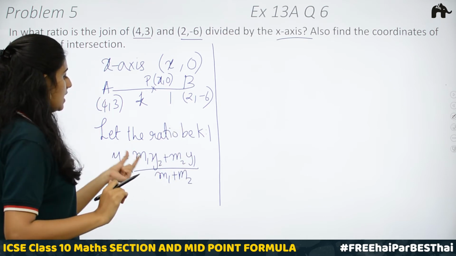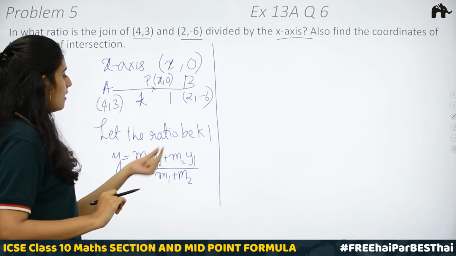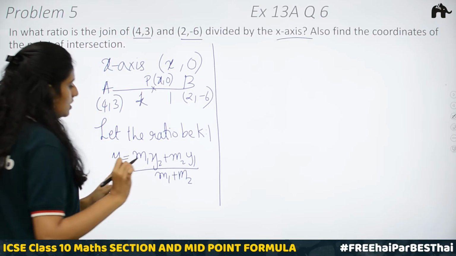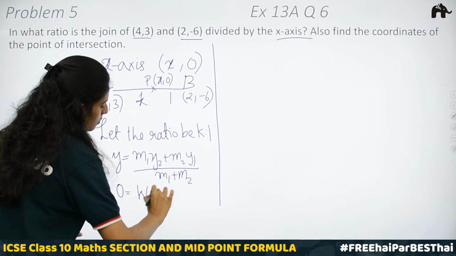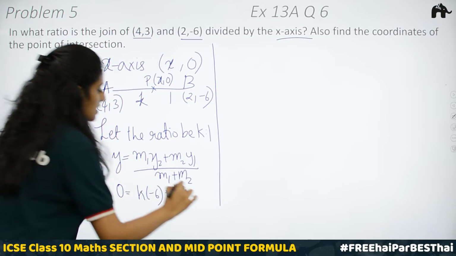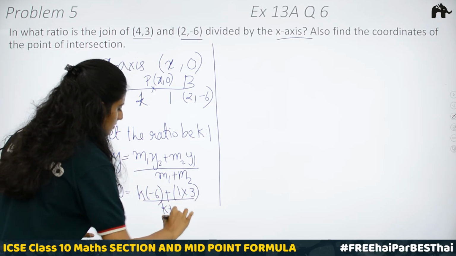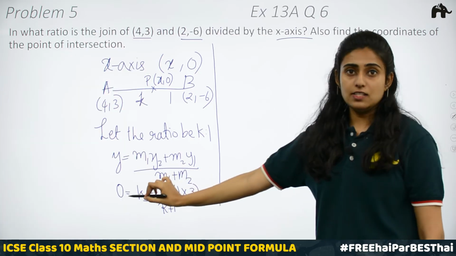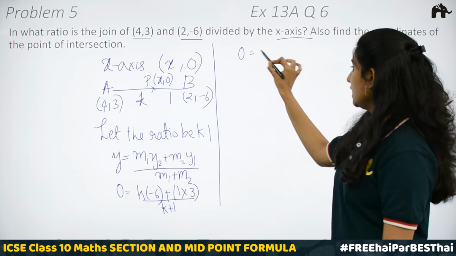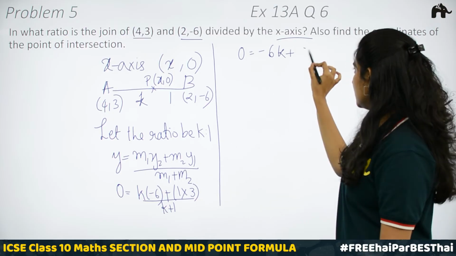Putting values, here m1 is k, y2 is equal to minus 6, y1 is equal to 3 and y is equal to 0. 0 is equal to k into minus 6 plus 1 into y1, y1 is 3, divided by m1 plus m2, k plus 1. What to do next? (k plus 1) into 0 is 0, so 0 equal to k into minus 6, minus 6k, plus 1 into 3, which is 3.